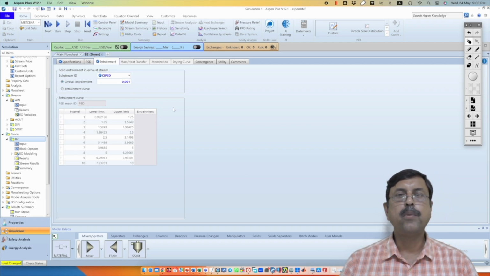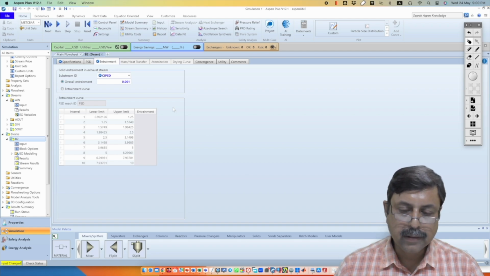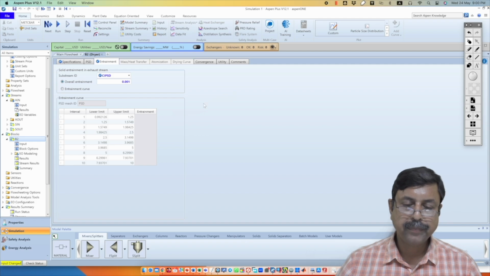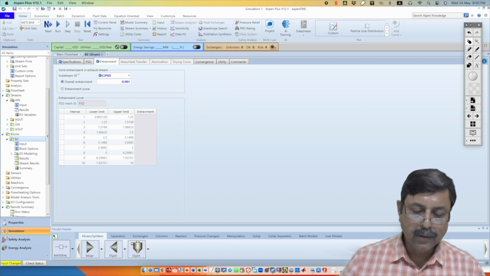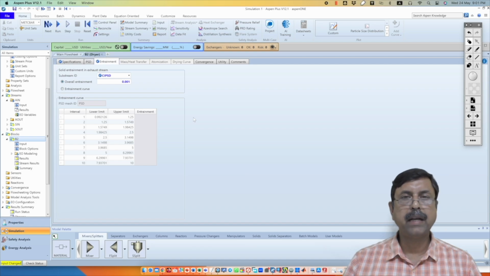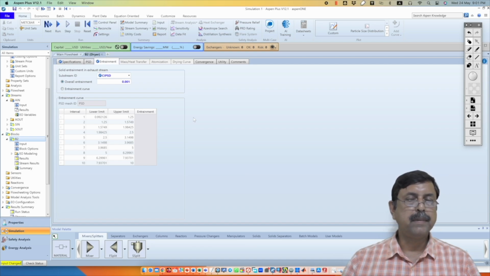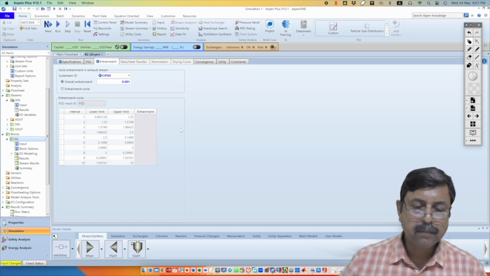Okay, this is 0.1 weight percent. So this is the overall entrainment that we have. Okay, so again, it is ready to run. All other parameters we leave it same as the previous problem because it has been asked to repeat the problem, not change anything else. So run it.